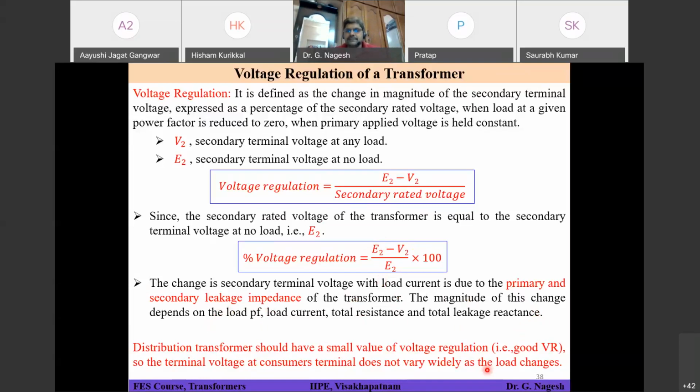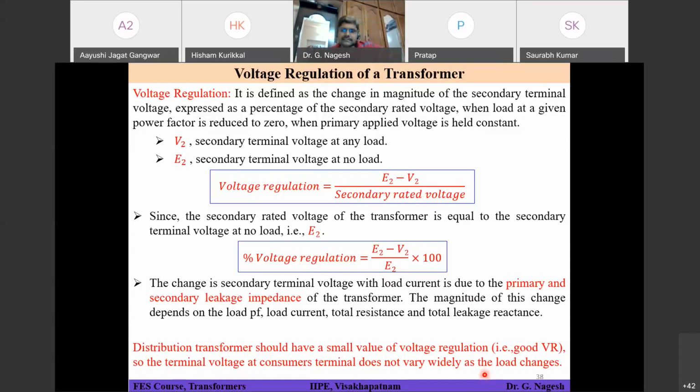So E2 minus V2 in the numerator gets a finite value because of the presence of resistance and leakage reactance in the transformer windings, and it depends on the load current and load power factor also. Because of these things, that change is going to occur.